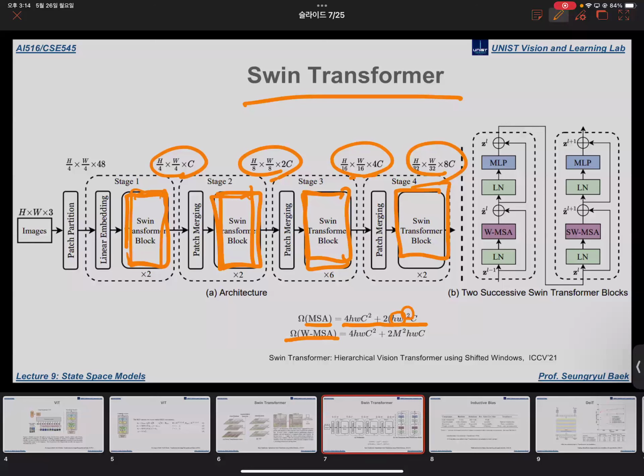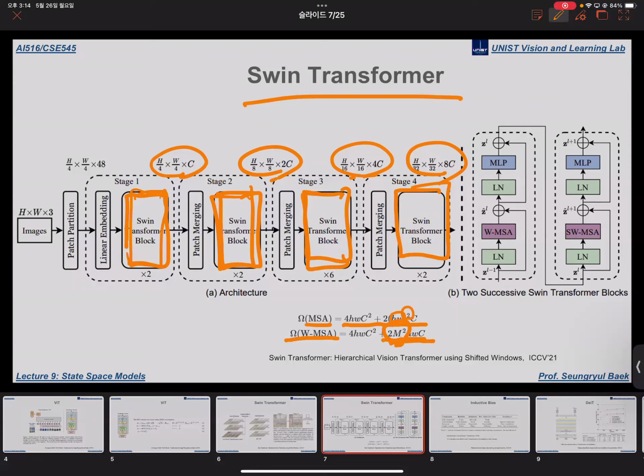But when using this window attention, this term loses the square for width and height, and instead has M square. M is the window size in the images. So this is better than the original attention. So it greatly reduced the time complexity. Okay.